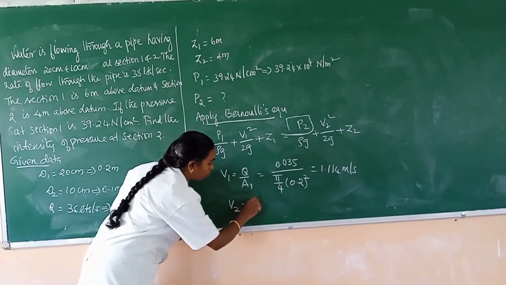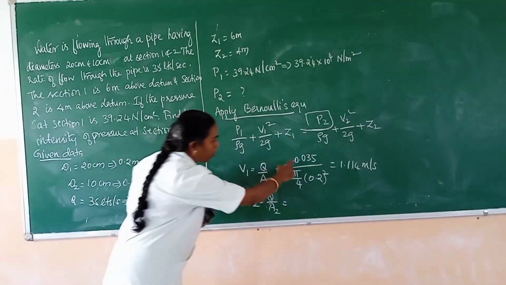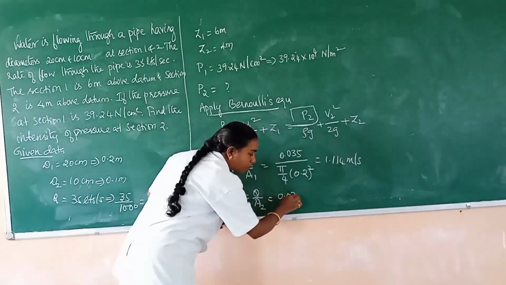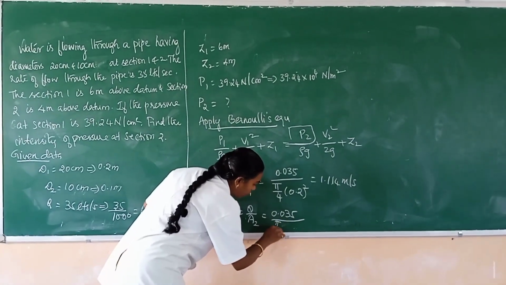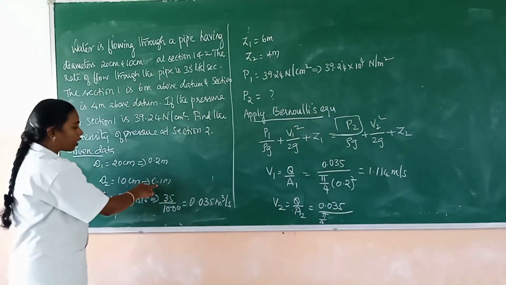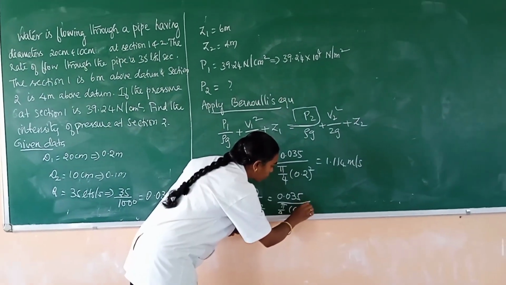V2 is equal to Q by A2. Q is given as 0.035 divided by pi by 4 into D2, given as 0.1, so 0.1 square.